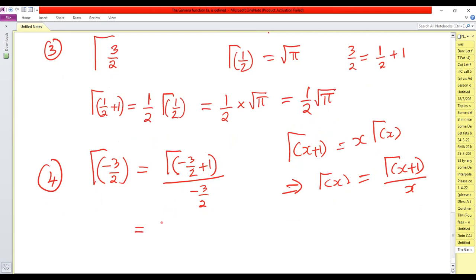So we'll have gamma of minus a half divided by minus 3 over 2, which is the same as the reciprocal, 2 over 3, times gamma of minus a half. Now, you still apply the same property.